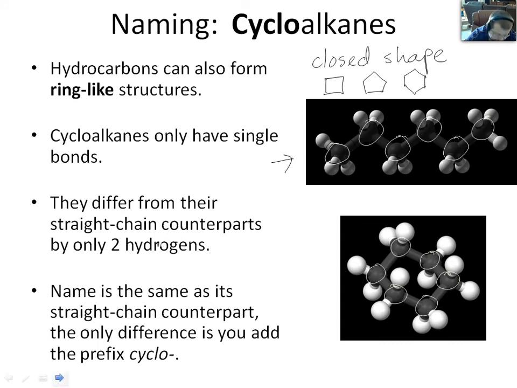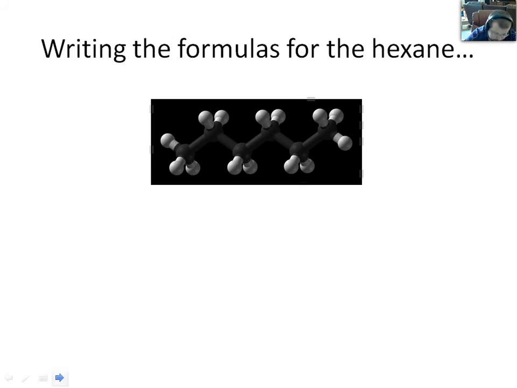Now, if we had to write our formulas for hexane, let's start with a structural formula. Just straight chain hexane, we're going to have 6 carbons all in a row. And every carbon needs 4 bonds, so we fill those in.